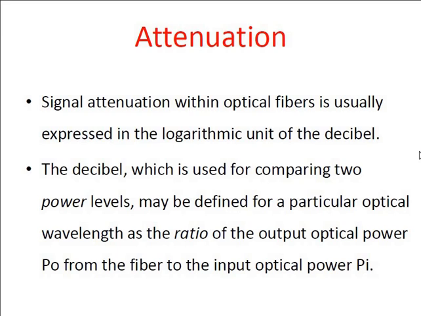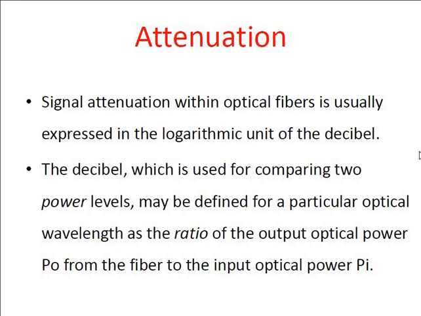Okay, so how can you measure the signal attenuation? Normally it is expressed in the logarithmic unit of decibel. So it plays a major role in determining the maximum transmission distance between the transmitter and receiver.